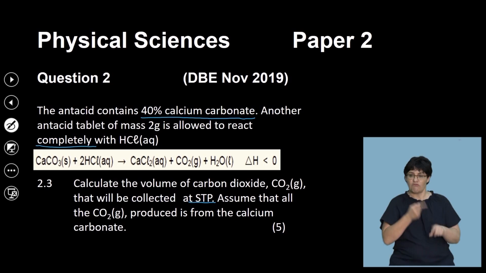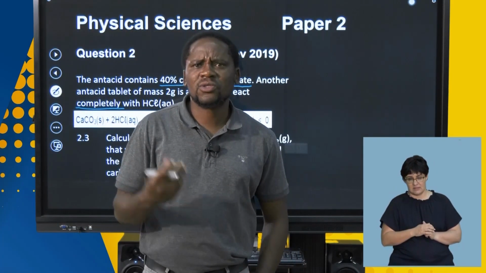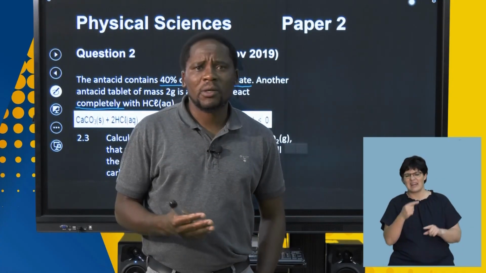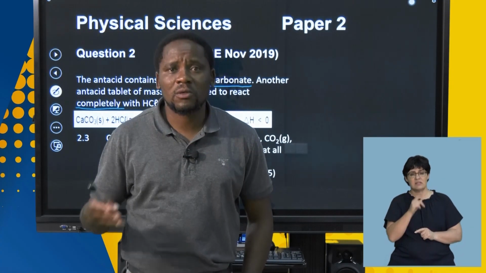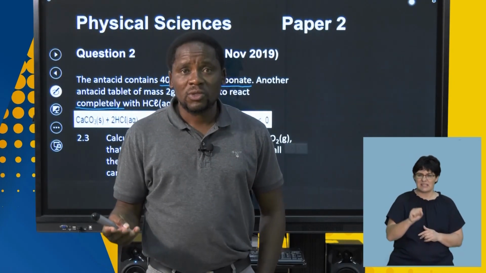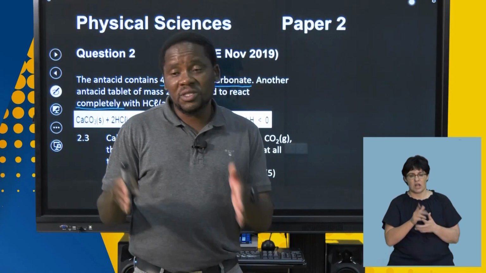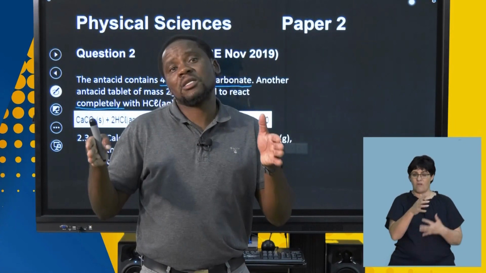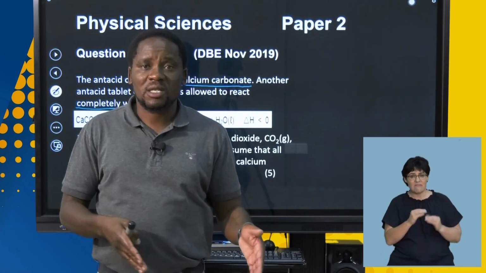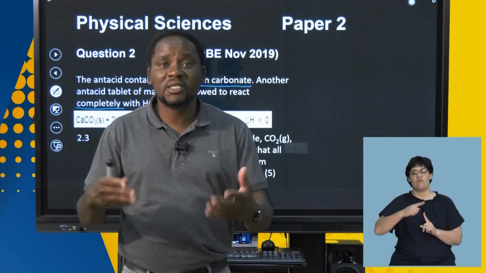Now, if we go back again to our grade 10 stoichiometry, we talked about the fact that a mole of any gas occupies a fixed volume. That is the molar gas volume, which is a constant. So when we say it's a fixed volume, it means a mole of any gas, as long as it's under standard temperature and pressure, will occupy a volume of 22.4 cubic decimeters.